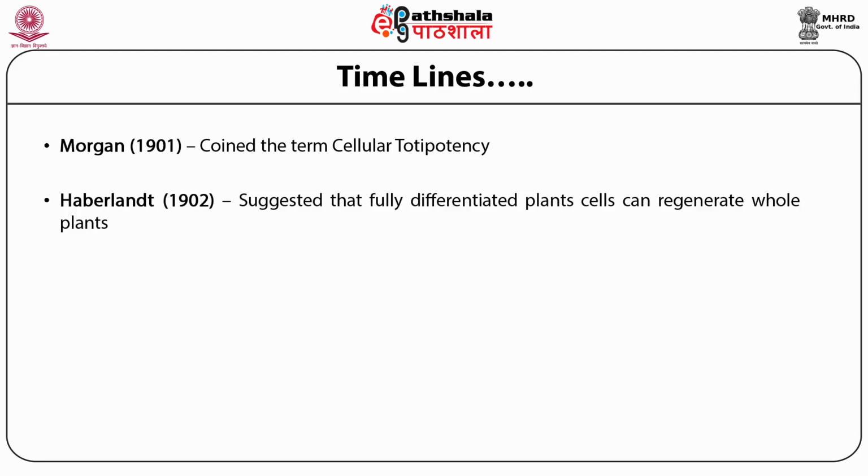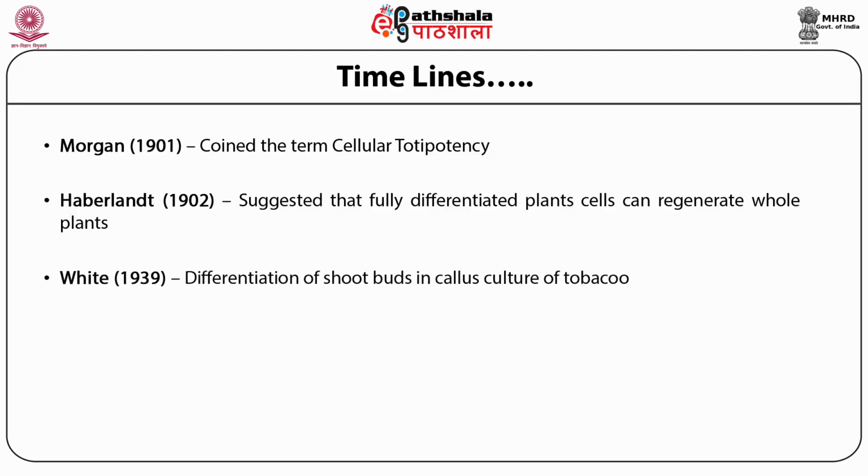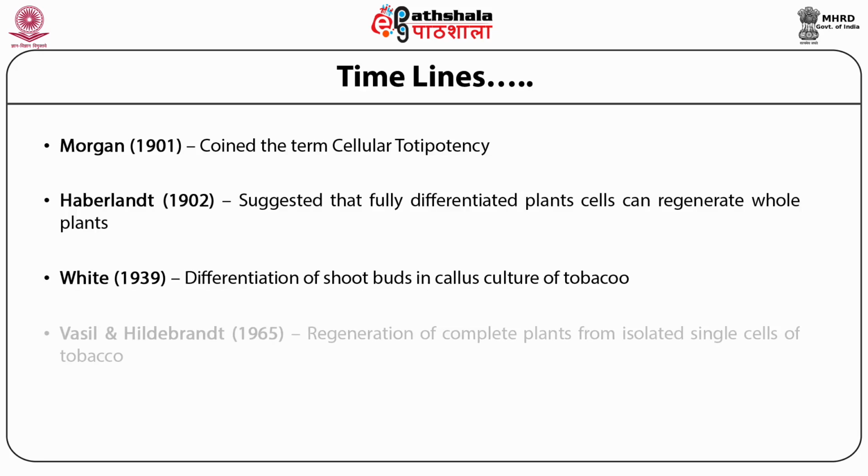And then in the year 1939 it was White who succeeded in differentiation of shoot buds in tobacco from callus cultures, and thereafter Wassel and Heberlein in 1965 succeeded for the first time in getting complete plants from isolated single cells of tobacco.